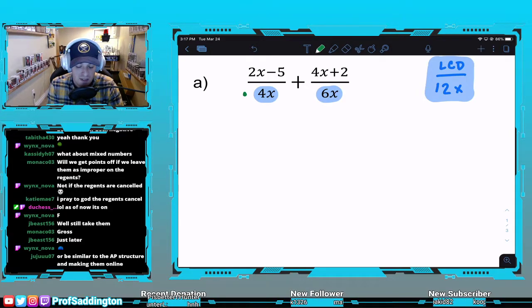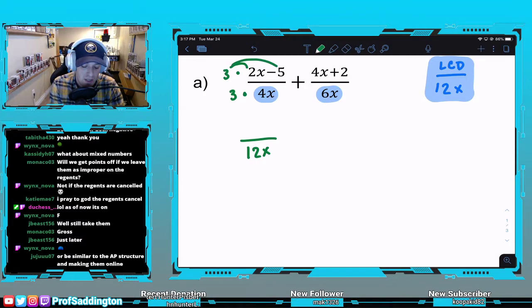So if we're at 4x, that means we just have to multiply it by 3 to make that 12x. And whatever we do to the bottom, we got to do to the top. So the bottom is 12x. Just make sure on the top, because there are 2 terms, you're actually distributing that 3 to both of them. So this is going to be a 6x minus 15.